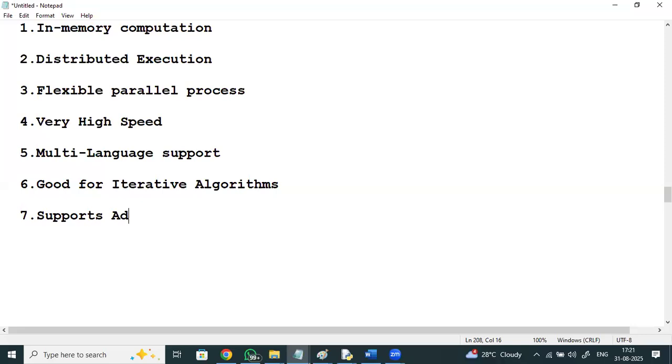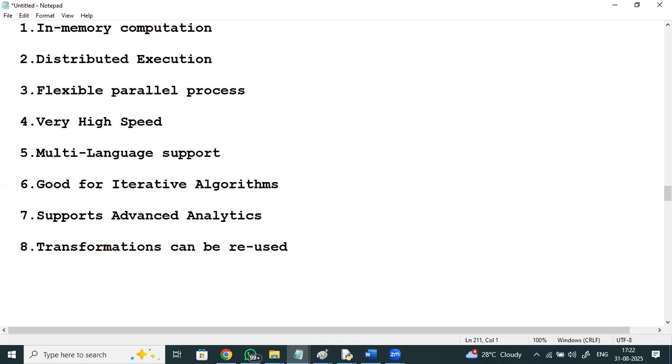Supports advanced analytics. Transformations can be reused.